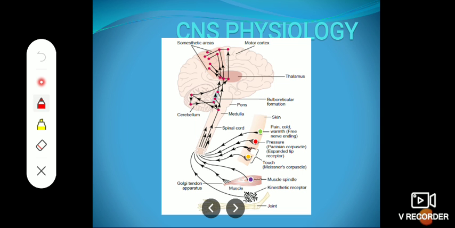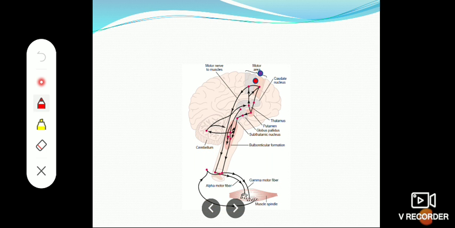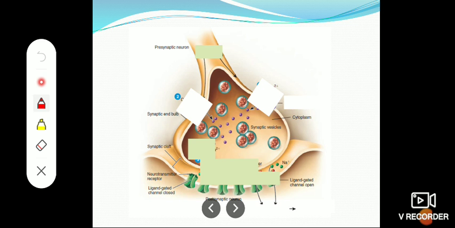Two things are there only. You can see these are the sites where you have the synapse. Similarly, when the impulse is coming down in the descending tract, we get multiple synapses at different places. So ultimately it is a play of only synapses at different places.